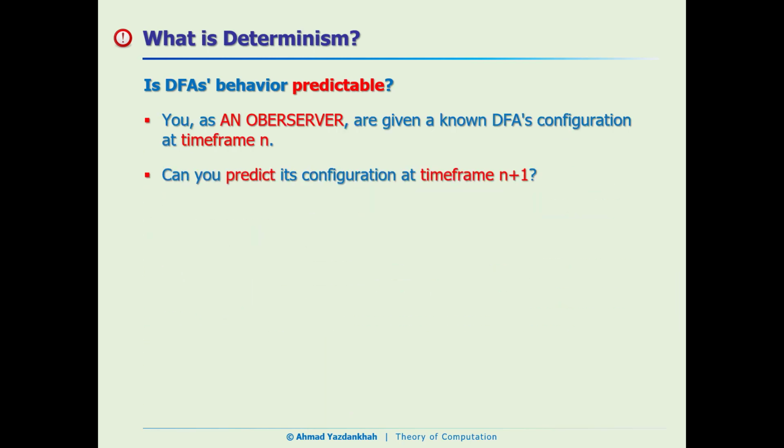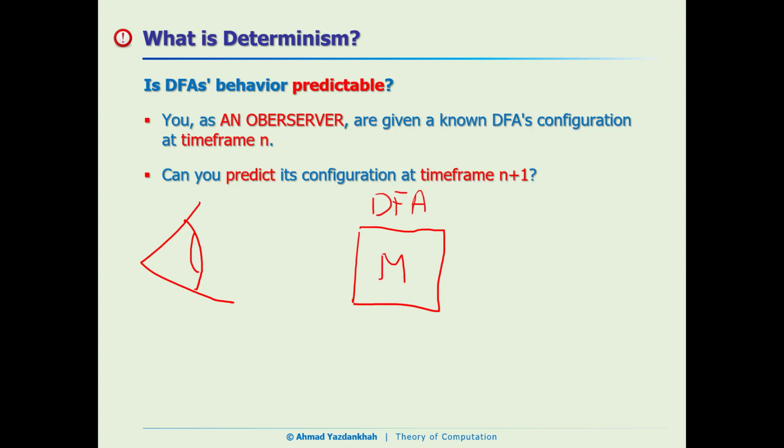Let's say you are an observer looking at a machine. This is a DFA, and let's say you are in time frame n. Can you predict what would be the configuration of this machine at time n plus 1?